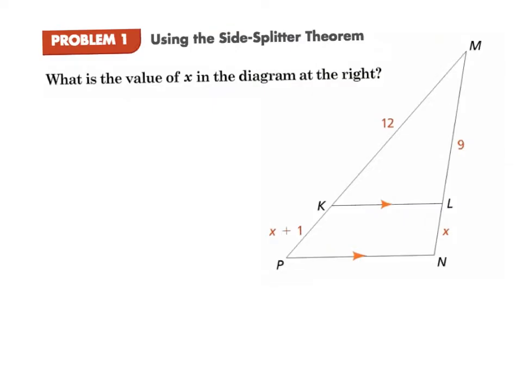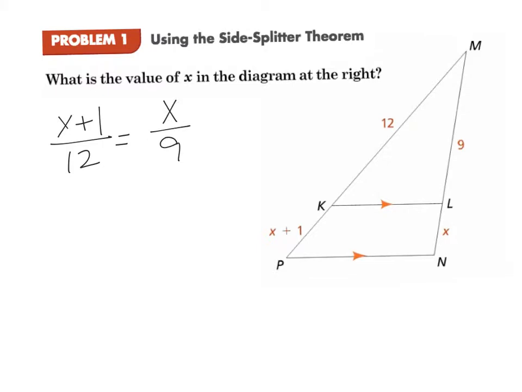So problem 1 is using the side splitter theorem. It says what is the value of x in the diagram at the right? We're going to set this up so that PK to KM is equal to NL to LM. So x plus 1 to 12 is equal to x to 9.